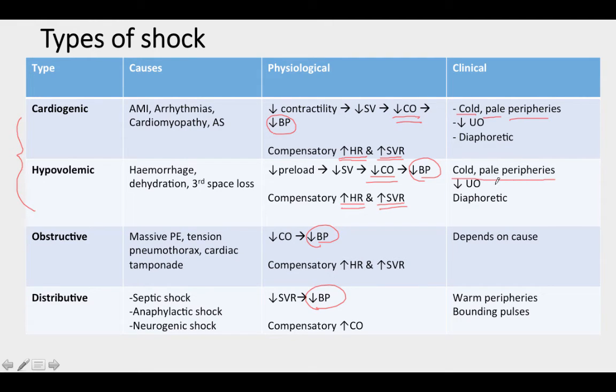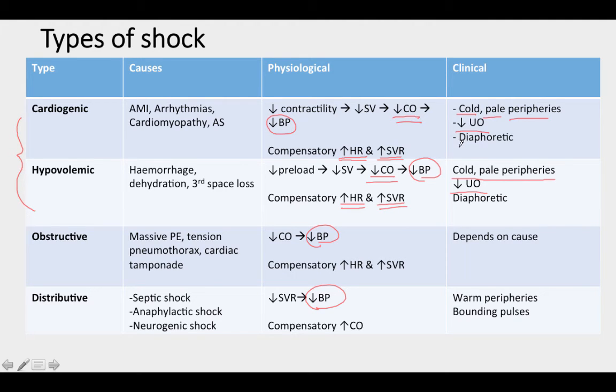Right? And the systemic vascular resistance increasing has a second function of ensuring all the circulatory volume that you do have, or all the blood that you are able to pump, is perfusing the coronary and the cerebrovascular circulation, the most vital organs. And as a result, organs such as the kidneys miss out and you have a decrease in urine output.